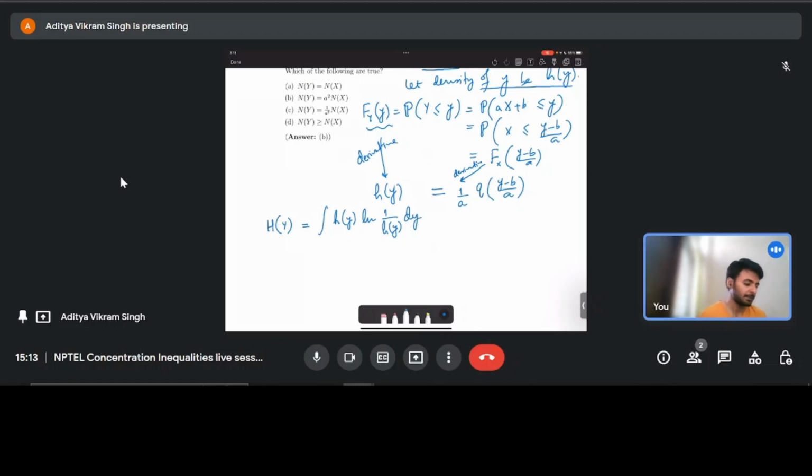All right, so now we'll just substitute what h(y) is. Okay, this would be the integral of 1 by a q of (y minus b) by a times ln of 1 by a q of (y minus b) by a dy.